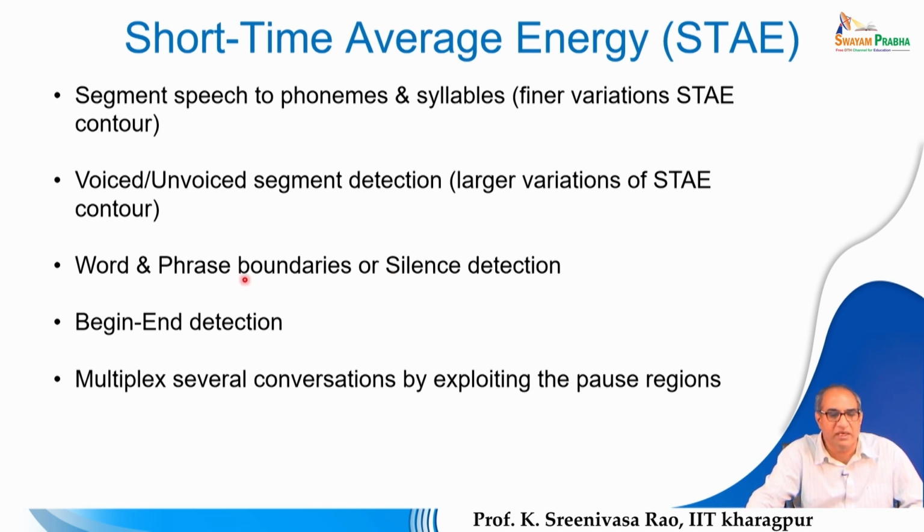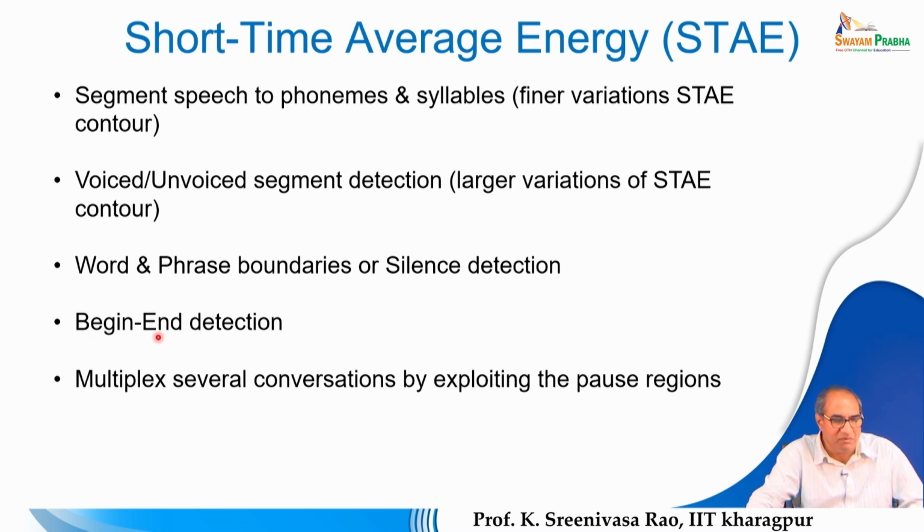Therefore, by analyzing the short term average energy, you can identify the boundaries of words and phrases, and in that process we can also identify where speech is present and where it is not present. That is silence detection. These things can be detected by using the short term average energy contour.